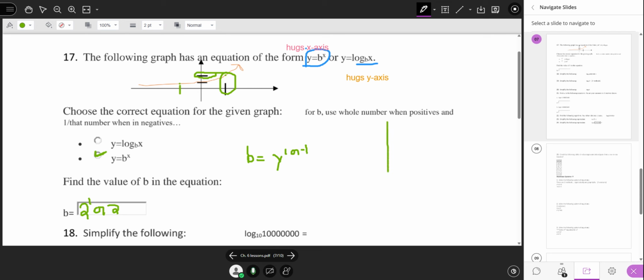So if this had been flipped around, so let's say this had been 2 at -1, this would have been 1/2.